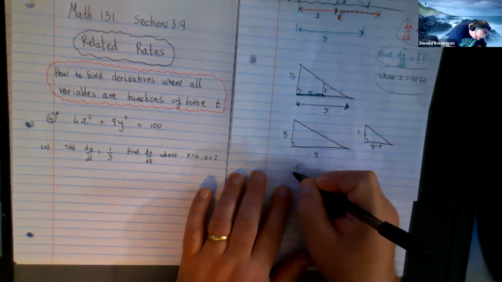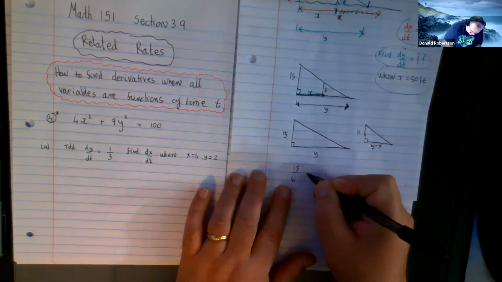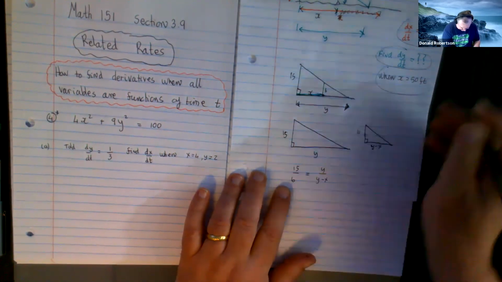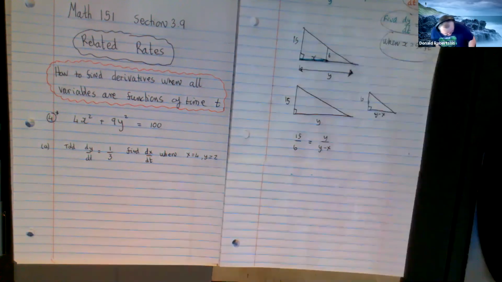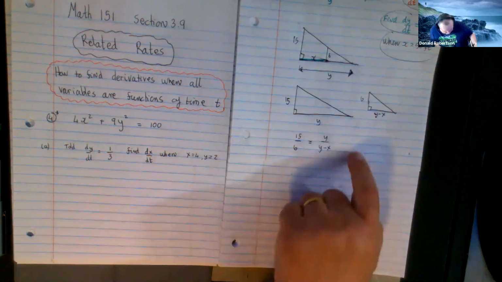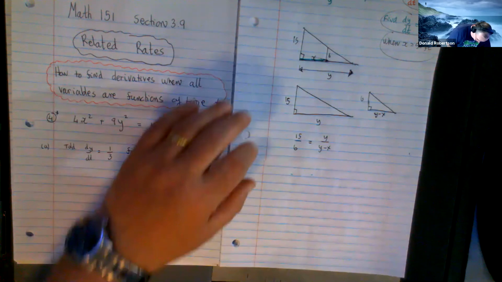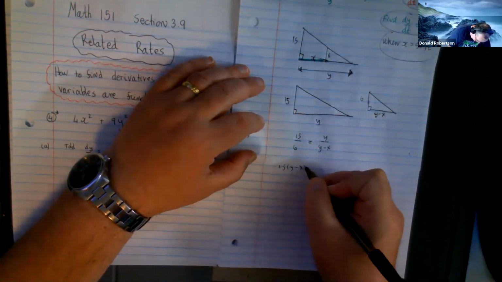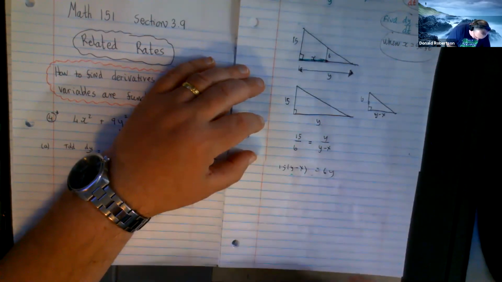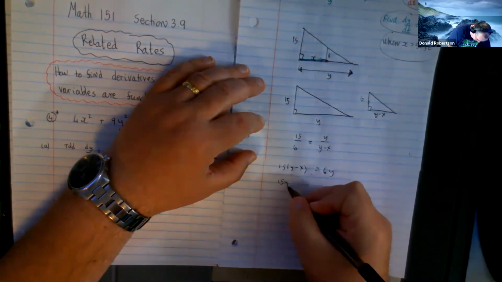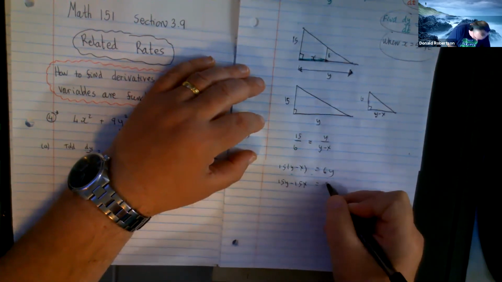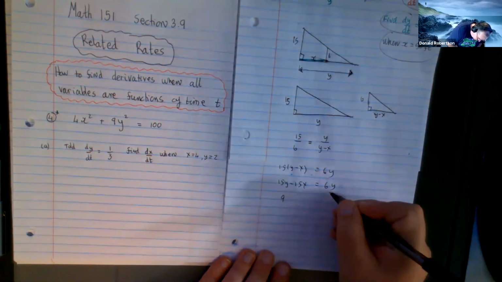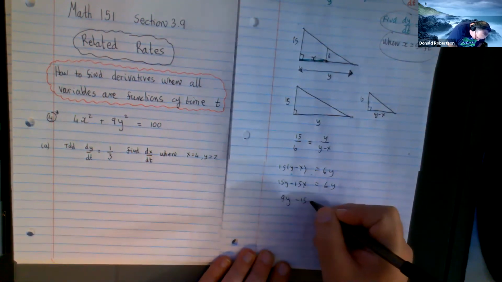So we have 15 over 6 is equal to y over y minus x. And all I'm going to do to this formula is make it a little bit easier to work with. So I'm going to cross multiply. Then I'm going to distribute the 15. And then I'm going to subtract 6y from both sides.